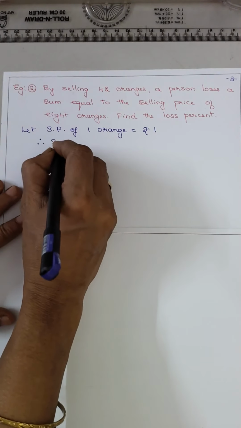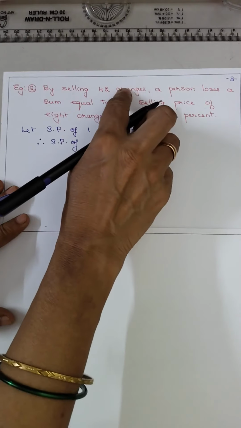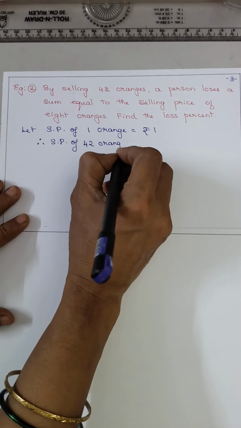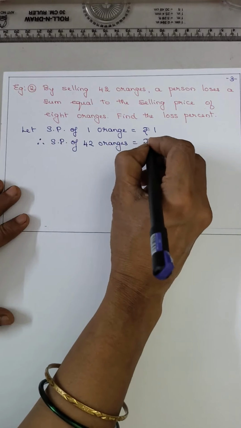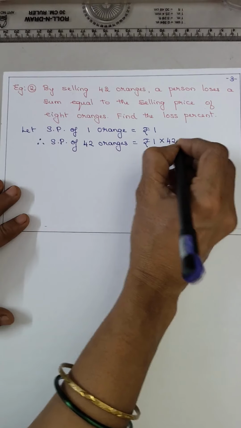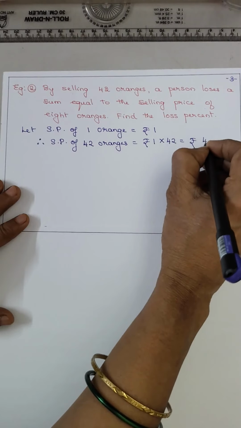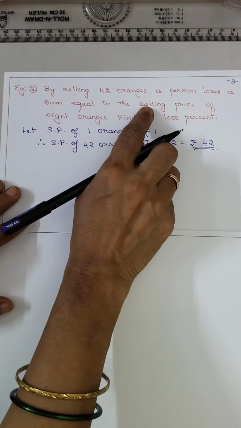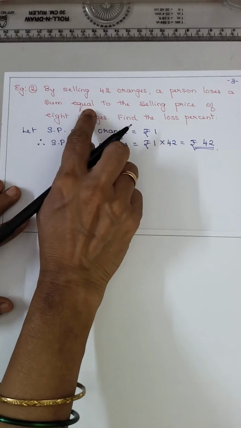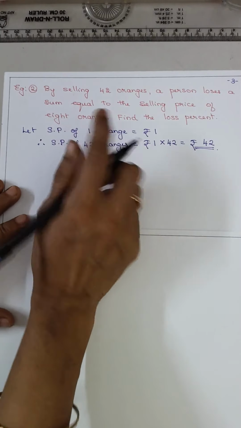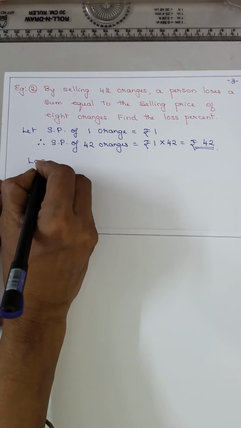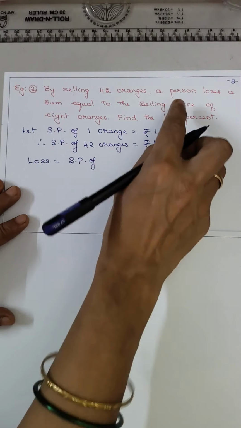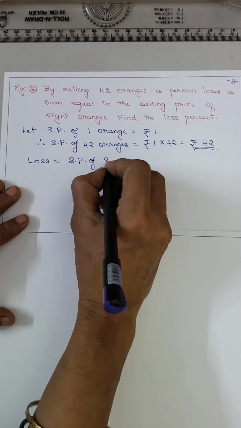Therefore, SP of how many oranges are there? 42 oranges is equal to 1 rupee के हिसाब से 42 ऑरेंज का आएगा रुपीज 42. Now they have told he loses a sum equal to the selling price of 8 oranges. Means loss is equal to SP of selling price of 8 oranges.